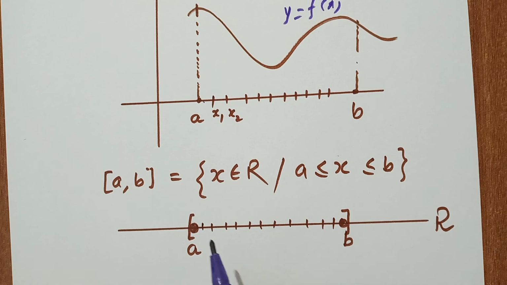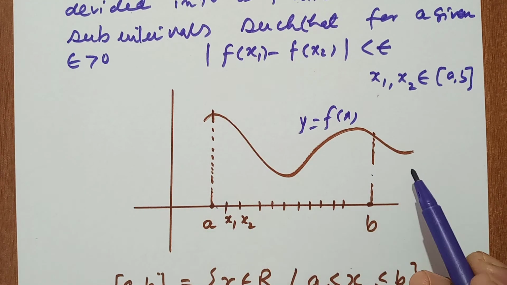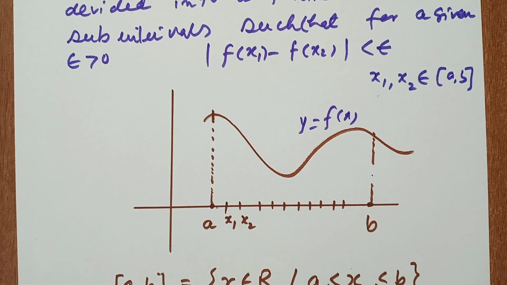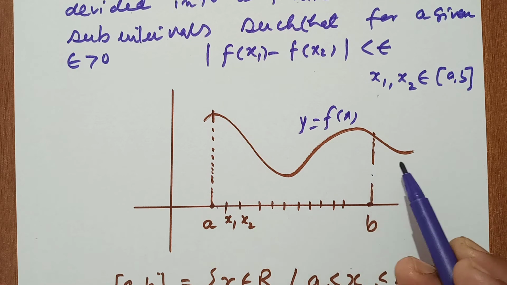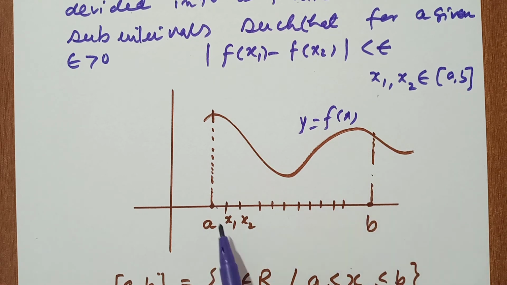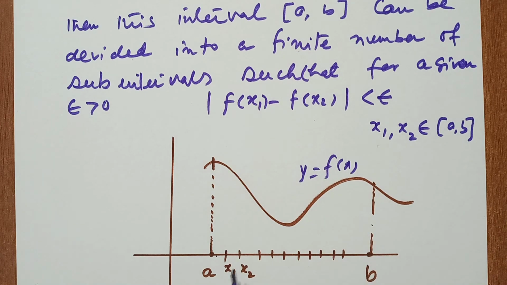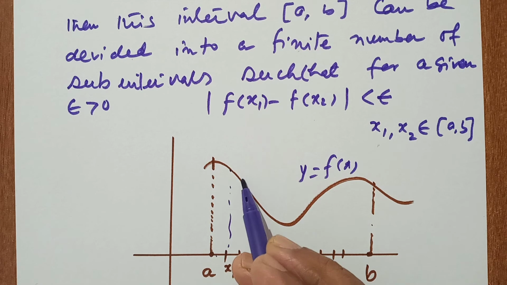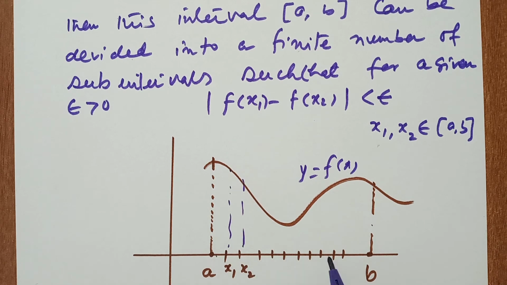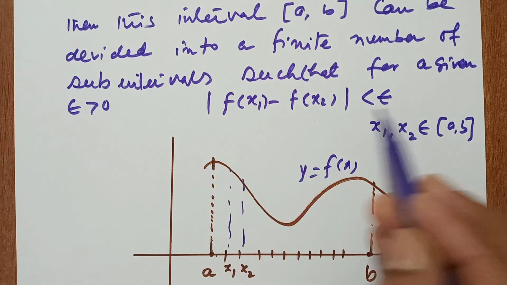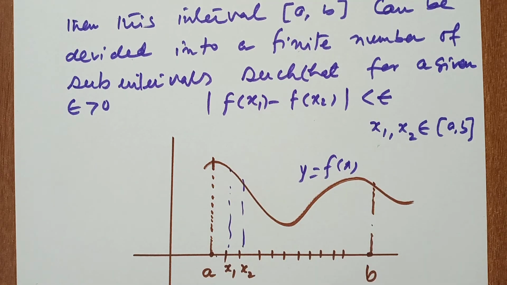The Borel theorem states that if this function is continuous on [a, b], then [a, b] can be divided into subintervals such that |f(x1) - f(x2)| < epsilon, and similarly for any two points in the subinterval this condition is satisfied. So this is the Borel theorem for continuous functions.